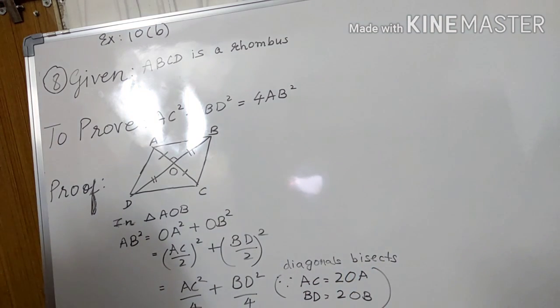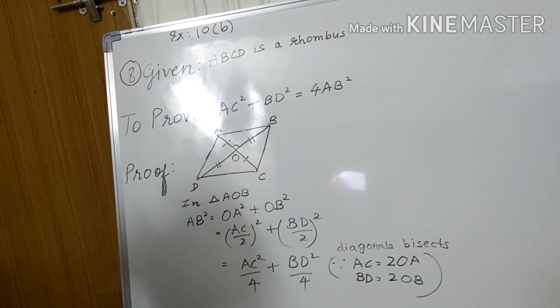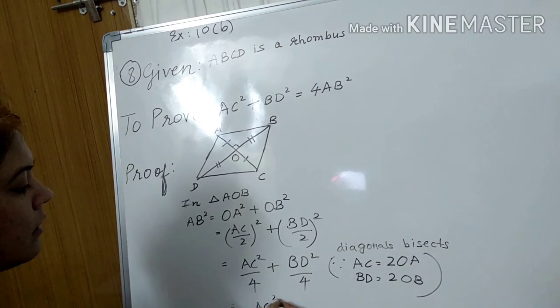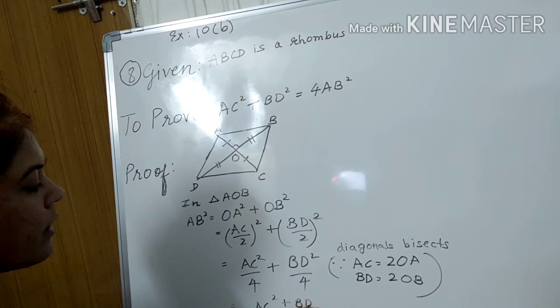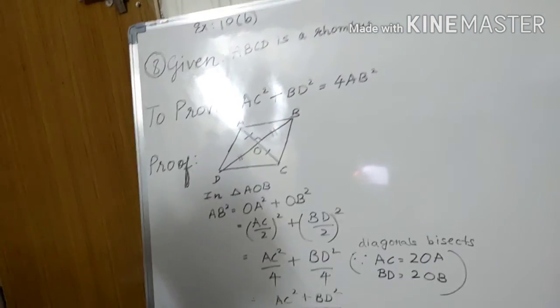So this way students, you can write the results or what the reason is. Now here you can see that denominators are same. So we write AC square plus BD square upon 4, whole upon 4.